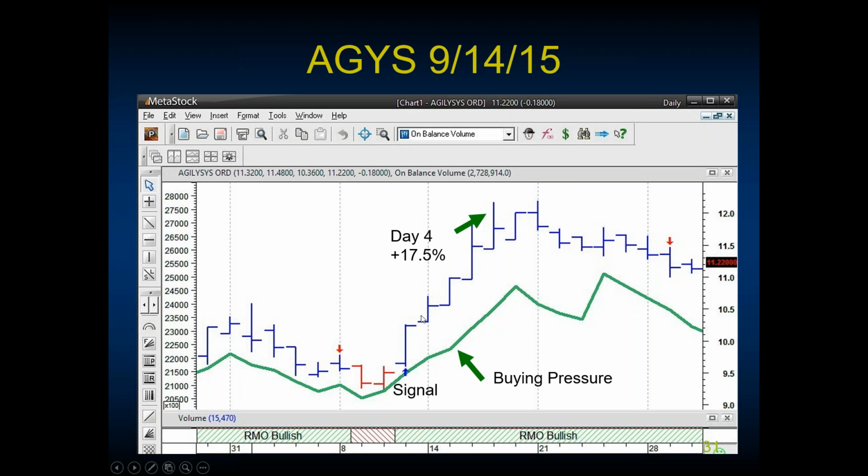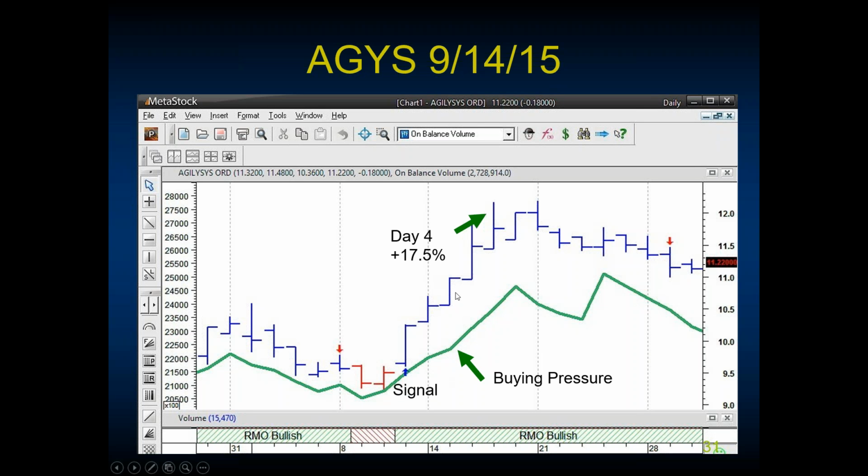Once we have a signal, and here again is the same one we just looked at, we make sure that the on-balance, the buying pressure, and I'm summarizing, but it's basically your order book pressure, what's on the books at the end of the day, is up, which we want to see, because that corroborates the signal. What you don't want to see is the buying pressure going down.